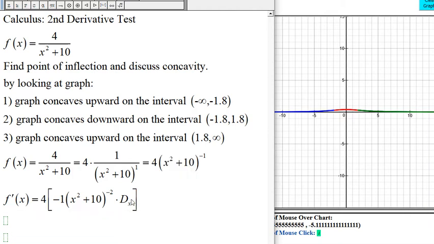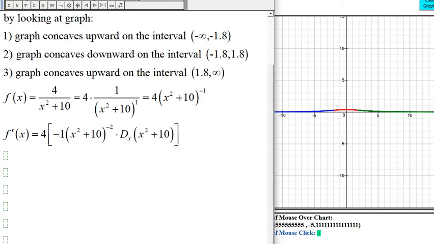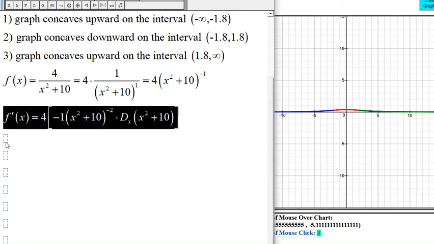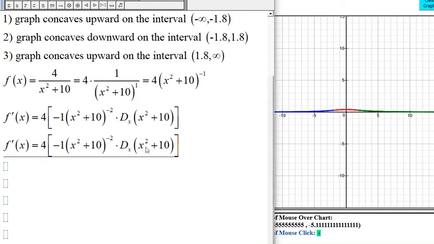The base with the chain rule, normally we call it u. So the derivative right here is 2x. The derivative of x squared is 2x, and the derivative of the constant 10 is 0.